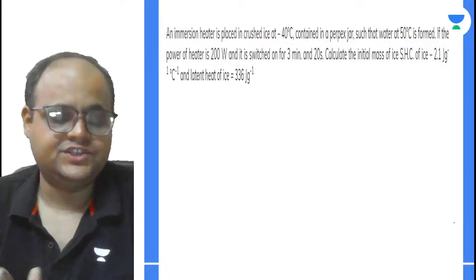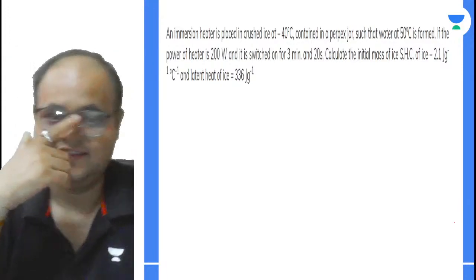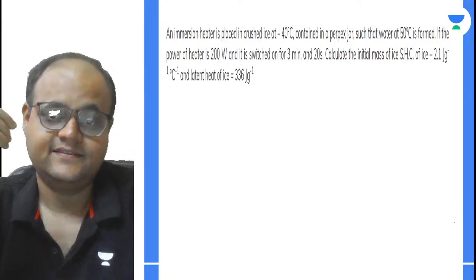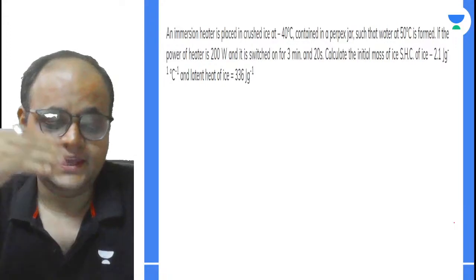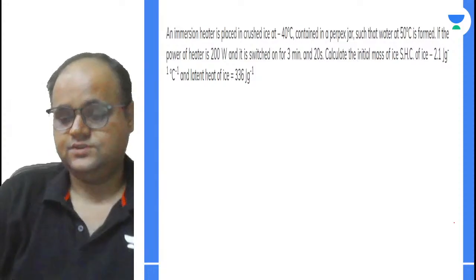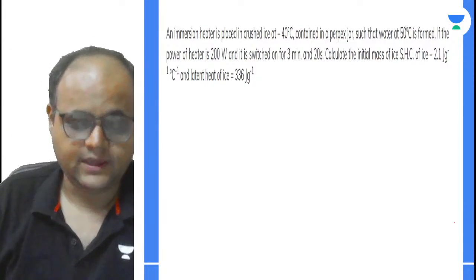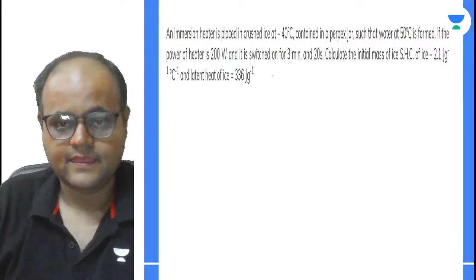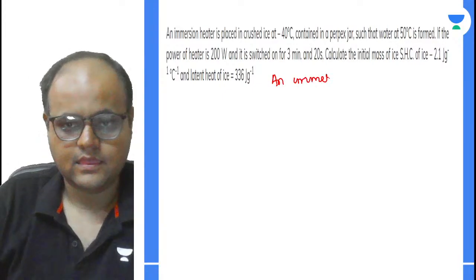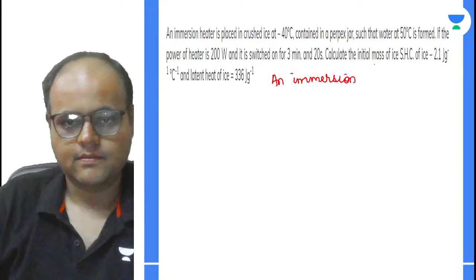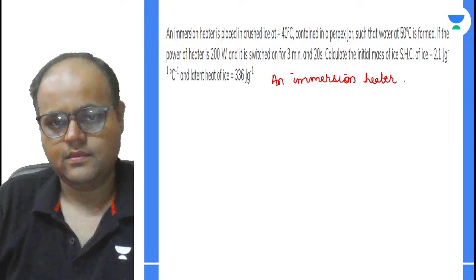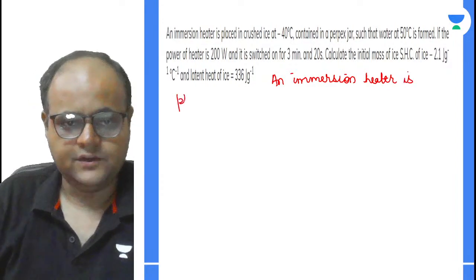There is a heater which is placed in the crushed ice. The temperature of the ice is minus 40 degrees centigrade. And finally, okay, you can't read the question. Should I write it again? That will be okay. Now is it visible?